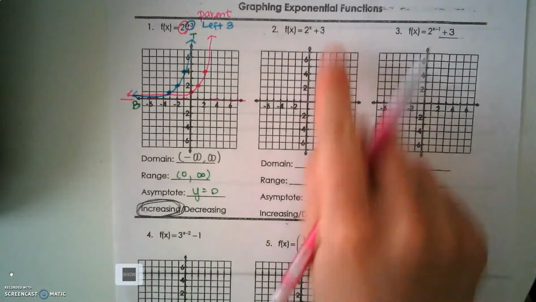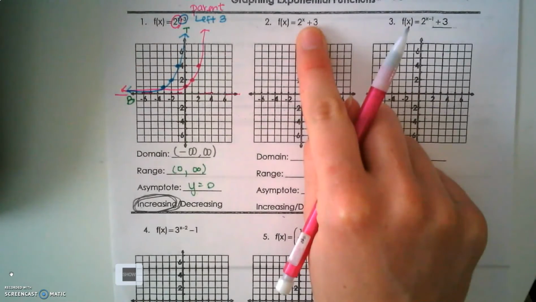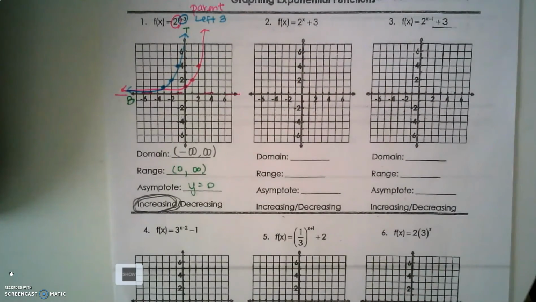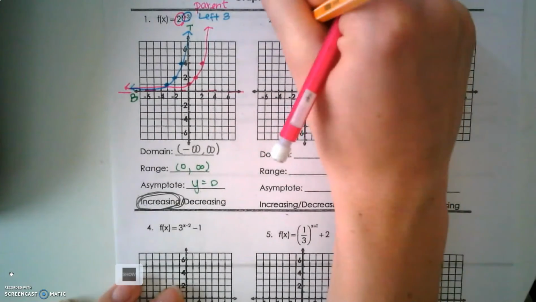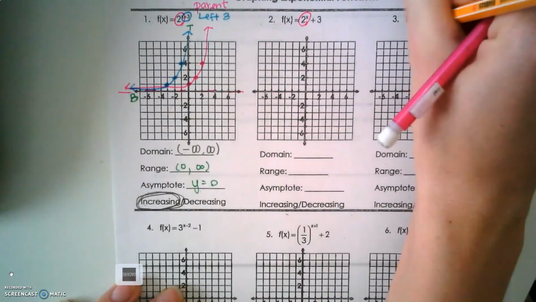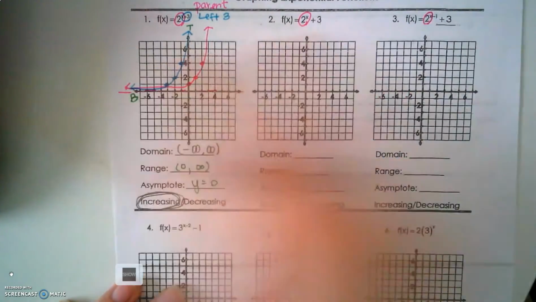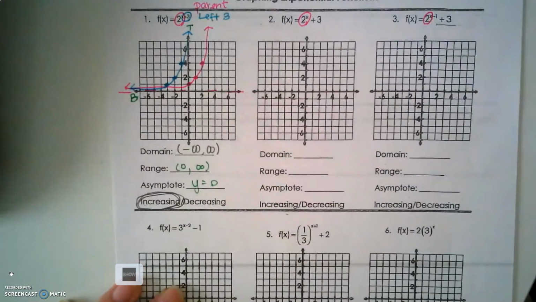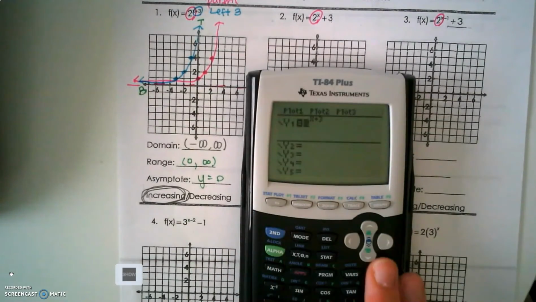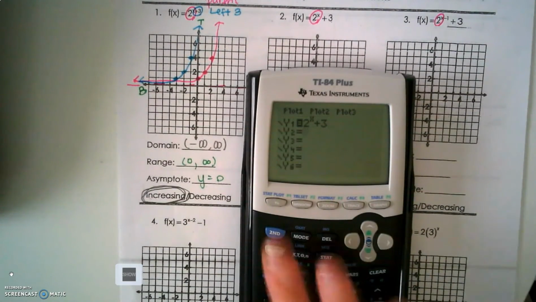All right. I'm just going to graph this transformed function because notice each of these parent functions in 1, 2, and 3 are the same. So you know where you're starting from. So I'm going to use my calculator. I'm going to say y equals, I'm going to delete that, +3. Second table.